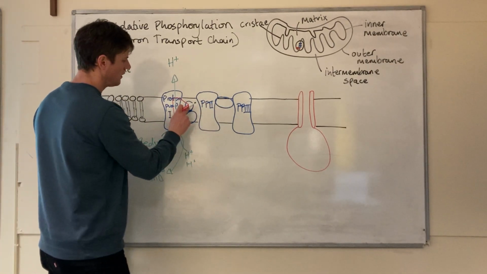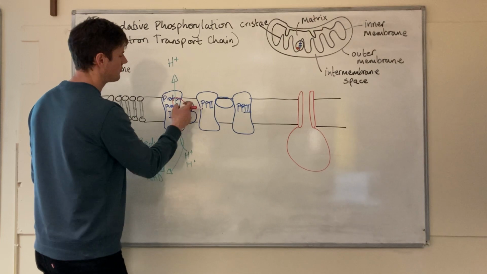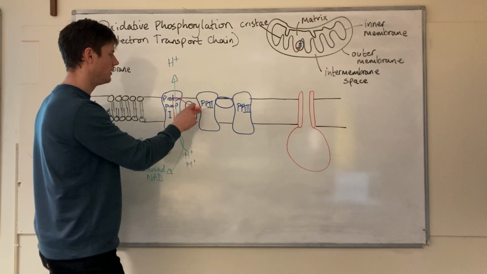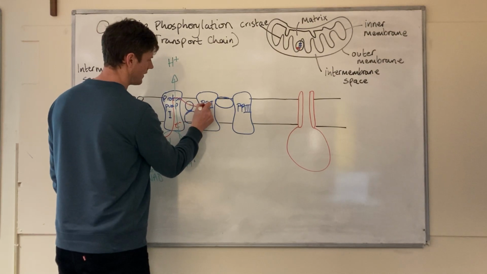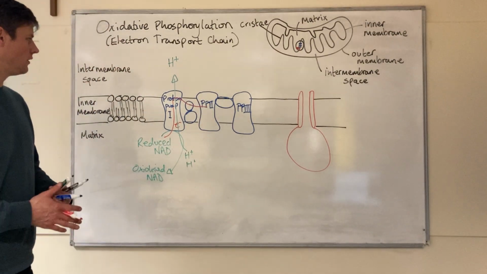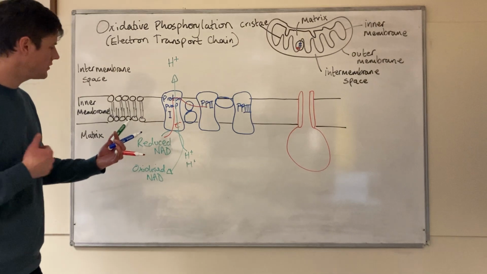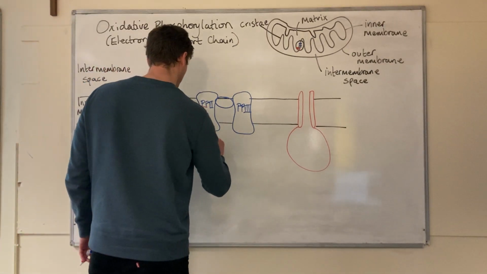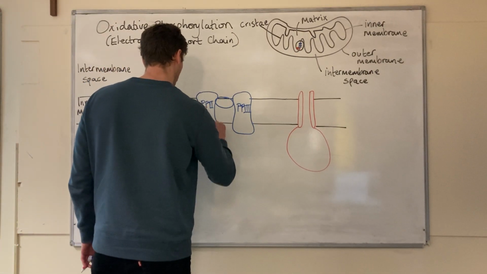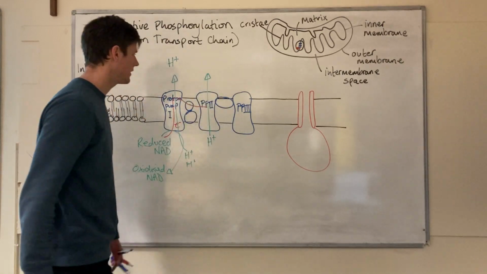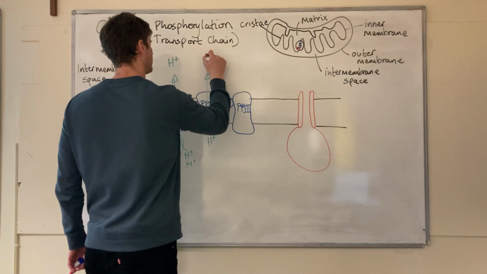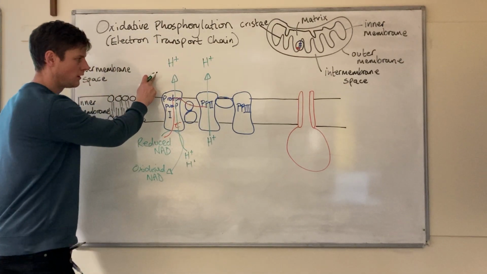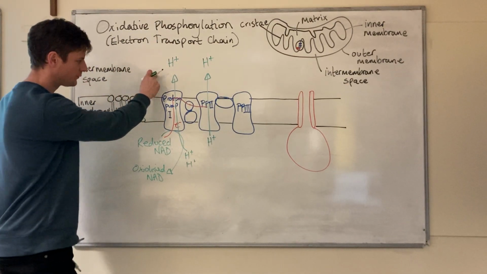Now these are just electron carriers. They pass the electron from one proton pump to the next. But that electron then passes on to the second proton pump, and it's so high energy that it allows for the active transport of another proton across the membrane and into the intermembrane space.